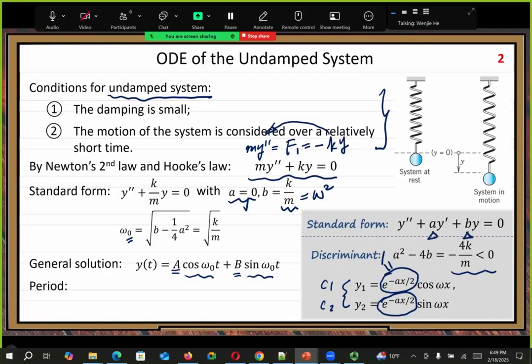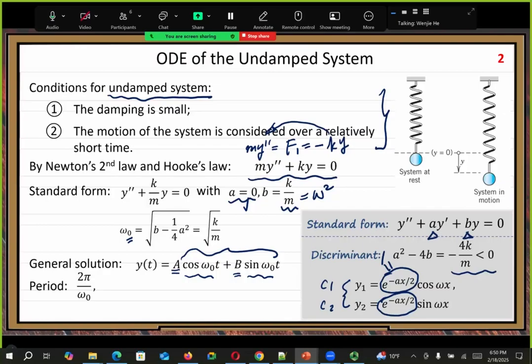After that, because this is an application problem, we need to study some important factors. Here, the period concept, because it's a periodic function. So this solution is a periodic function, and we want to look at its period. The period is 2 pi over omega 0.